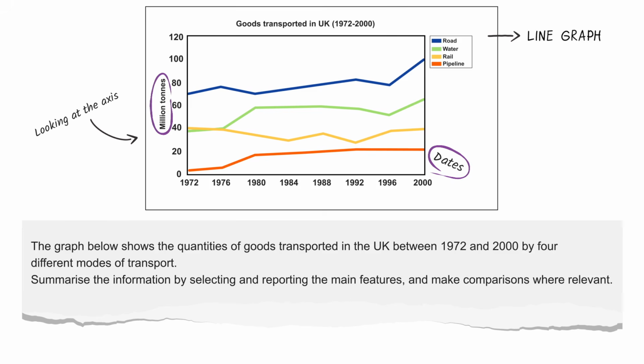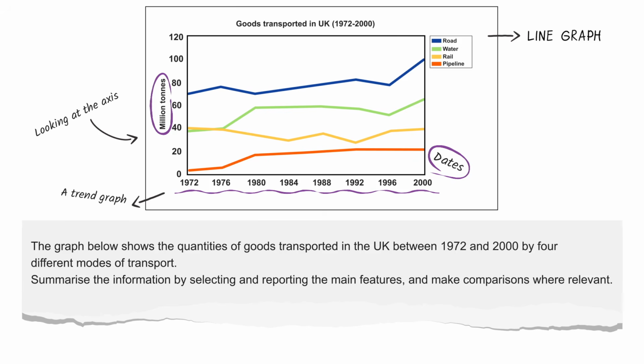But the main thing here is that if we have dates running along the bottom here, then we know that we're dealing with a graph with a trend, all right?